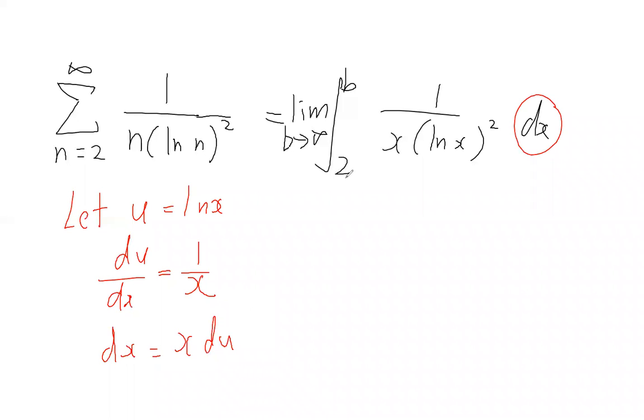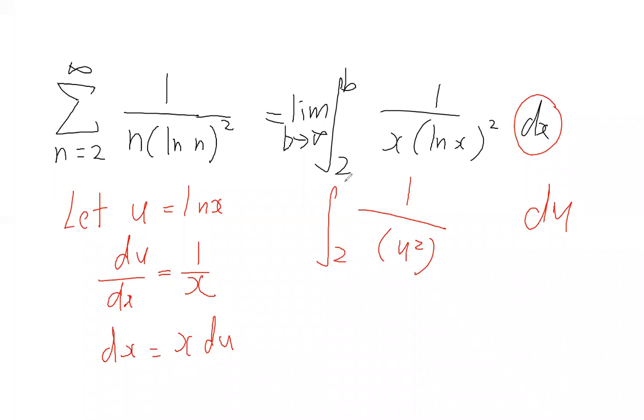I'm going to substitute everything here. So my dx right now changes to x du, and 1 over x remains. This will become my u squared. And this x and this x can be cancelled out. So in the end, I will just end up like this.